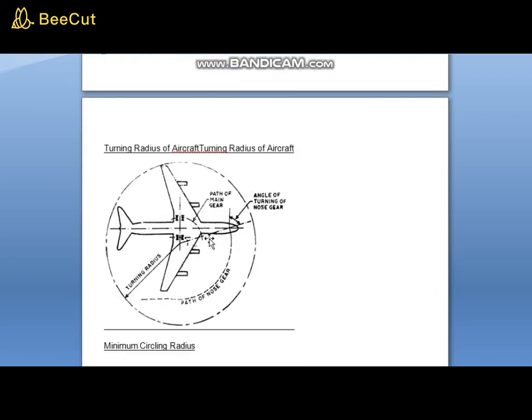Look at over here. A line is drawn through the center of nose gear. So basically this angle we need to measure. This line is through the main gears. This line is through the nose of an aircraft.